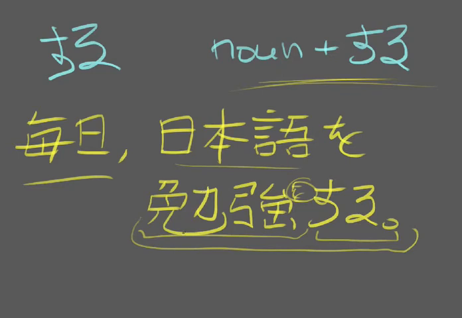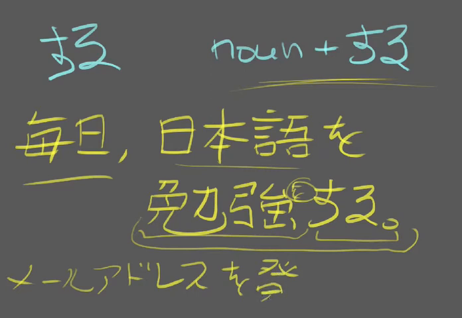Let's take a look at another example. So the example is メールアドレスを登録した。 Oops, that's ridiculously messy. 登録した.